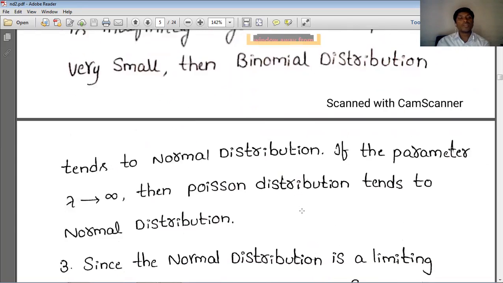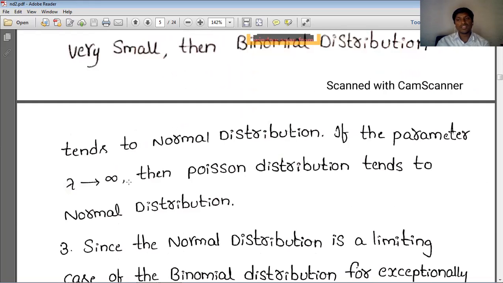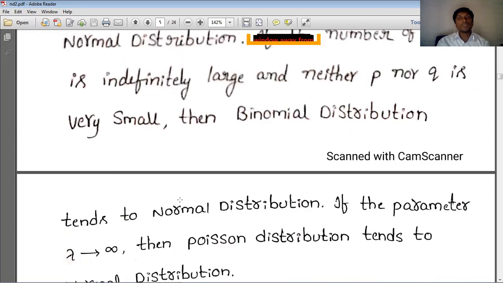If the parameter lambda tends to infinity, then the Poisson distribution tends to the normal distribution. Why? Because in the binomial distribution the parameters are n and p, and in the Poisson distribution the parameter is lambda. So here we are saying that when n approaches infinity and p is very small, the binomial distribution tends to the normal distribution.